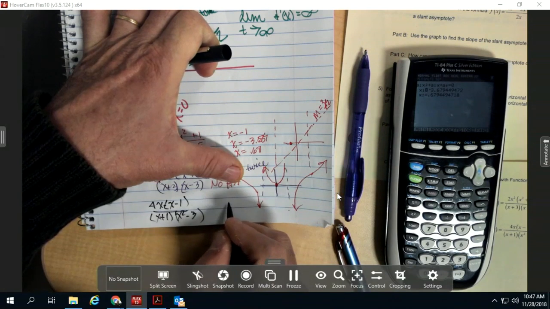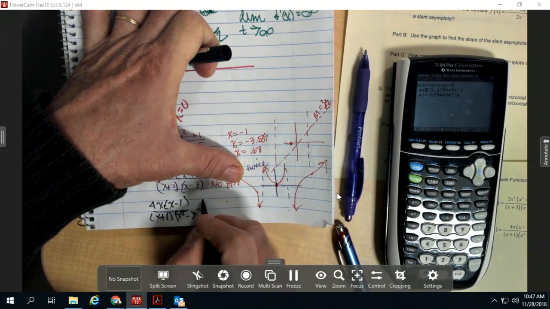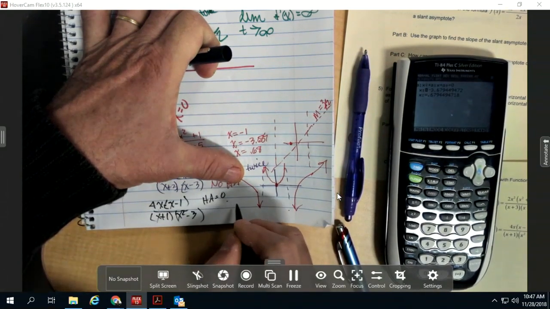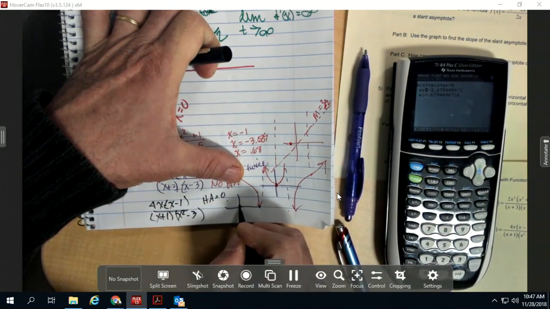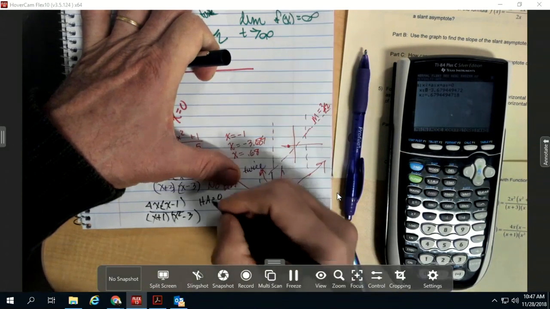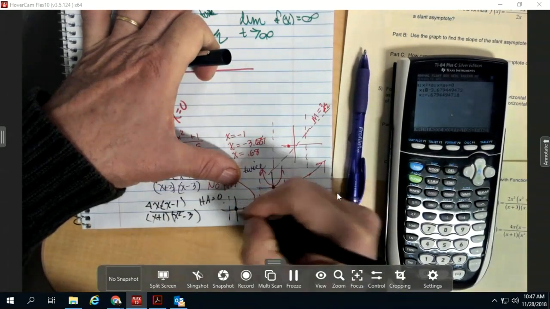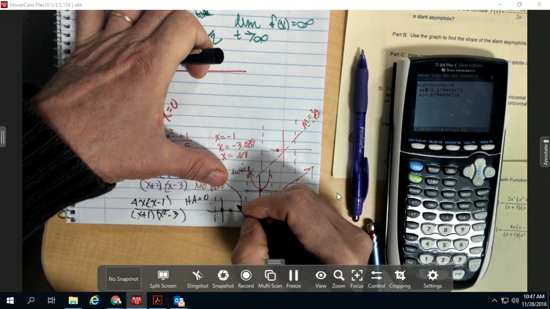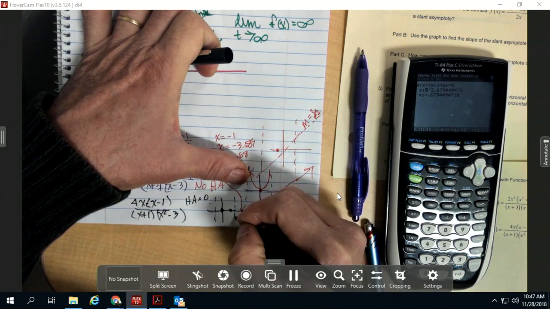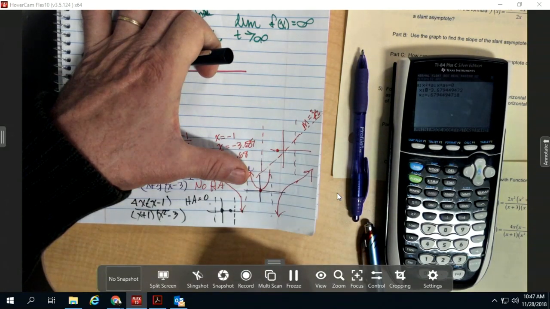So it's going to have a horizontal asymptote at 0. It's going to have zeros at 0 and 1. It's going to have vertical asymptotes at -1 and positive 1.7 twice. No, let me think.